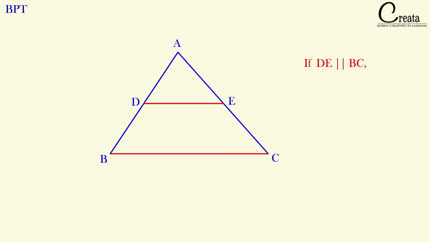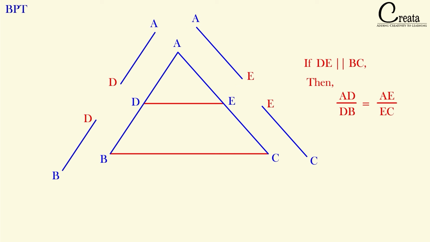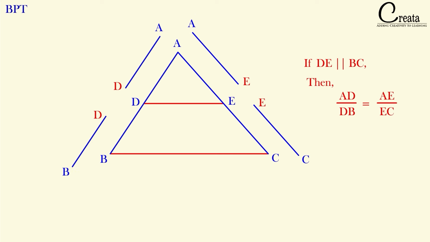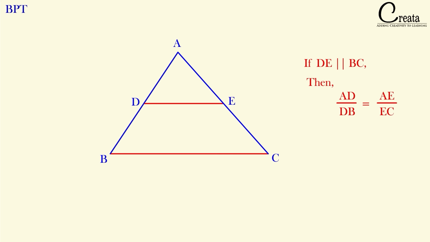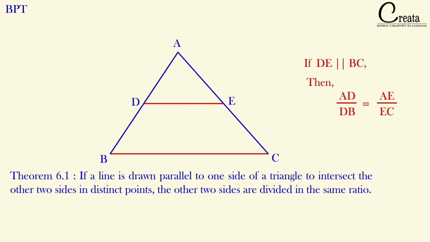If these line segments are parallel to each other, then the ratio of AD upon DB is equal to AE upon EC. So the ratio of these four line segments will be equal to each other. In the form of exact wording, the theorem: if a line is drawn parallel to one side of a triangle to intersect the other two sides in distinct points, the other two sides are divided in the same ratio.